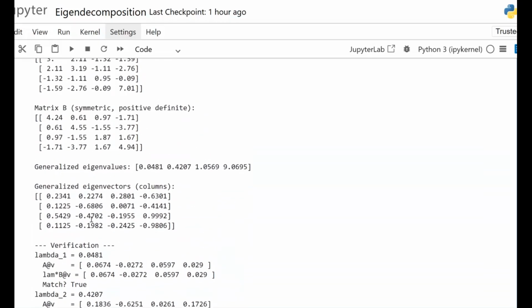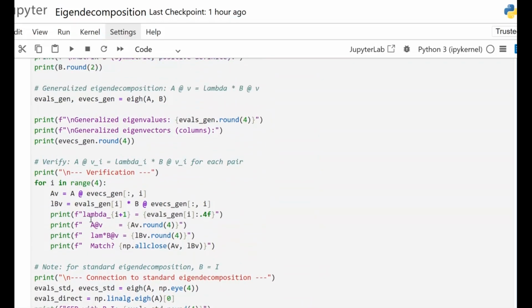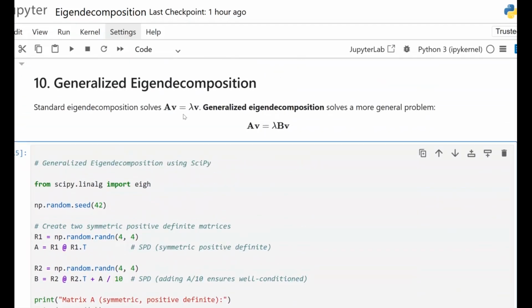And yes, dear friends, this exact code demonstrates solving the generalized eigenproblem AV equals lambda times B times V, verifying correctness numerically and showing equivalence to standard eigendecomposition when B is equal to identity. Implicitly it uses the fact that B defines a metric. Eigenvectors are orthogonal under that metric.